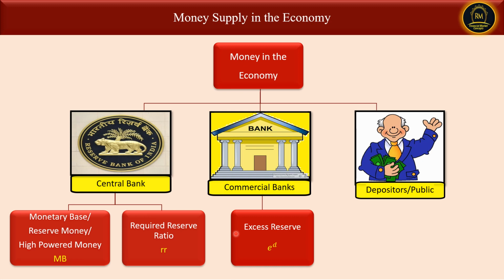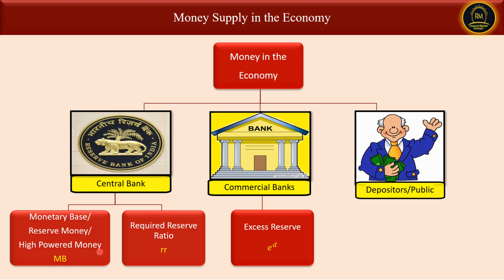If banks are fully loaned up, that means the bank is not keeping any reserve over and above the legal minimum. Loaned up means that the bank has the exact amount of reserve that is required. So if the bank is keeping anything over and above the required reserve, that is considered as excess reserve. And this excess reserve is an important determinant of money supply on part of commercial banks.